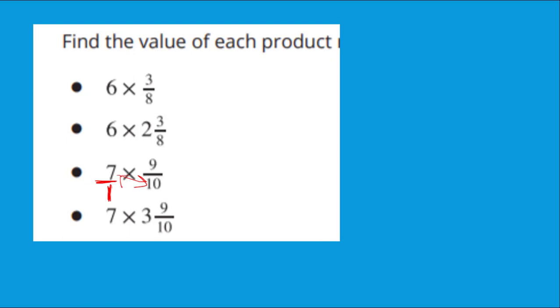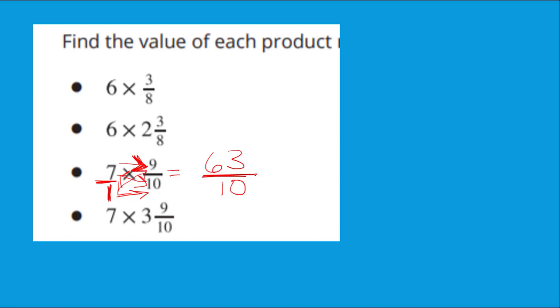Is there anything that I can divide both of those by? No. What about the 1 and the 9? Anything I can divide both of those by? No. So I can go ahead and go to 7 times 9, 63. 1 times 10, 10.